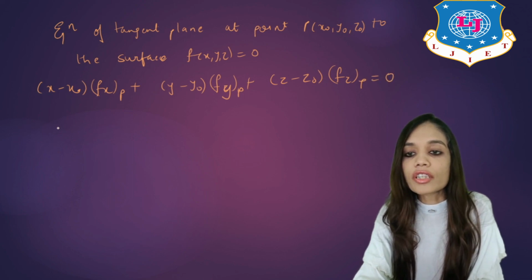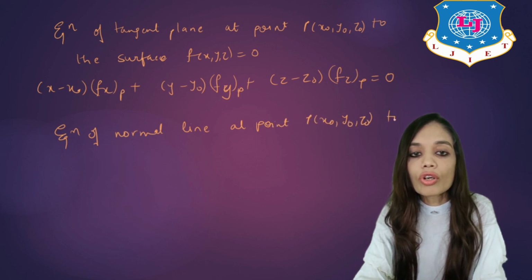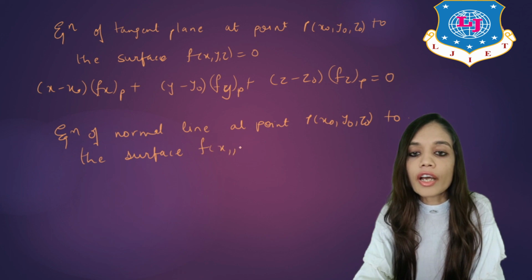The next thing you have studied is how to find the equation of the normal line at point P (x0, y0, z0) to the surface f of x, y, z equals 0.